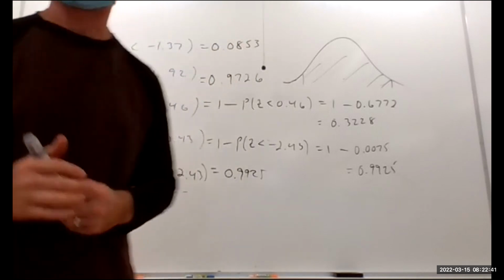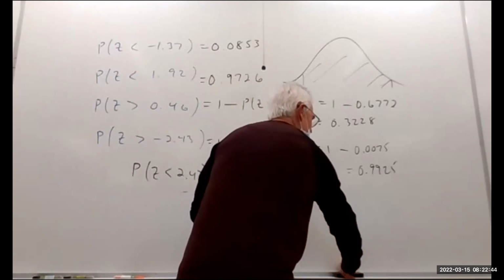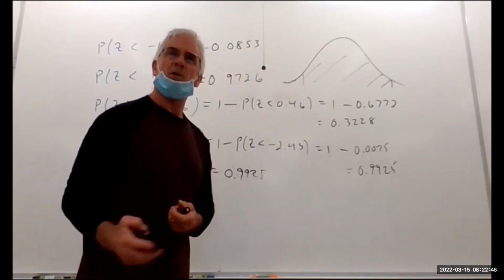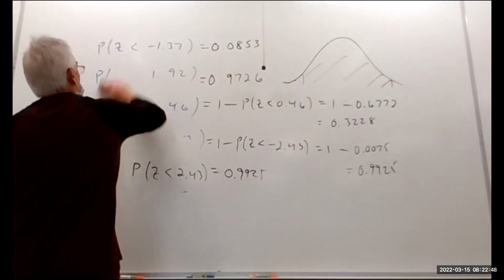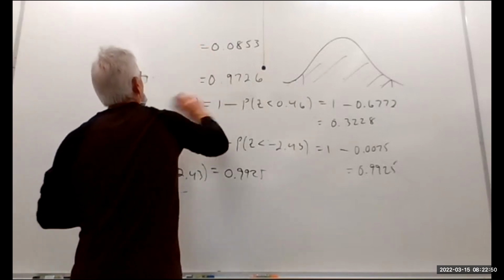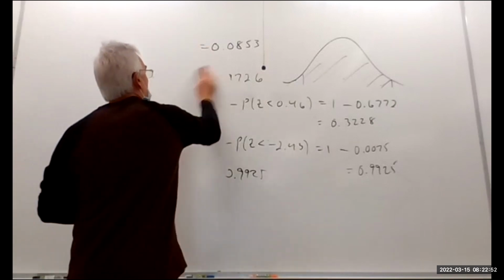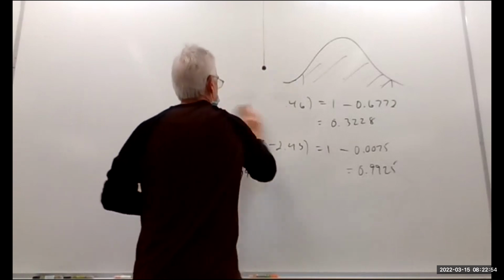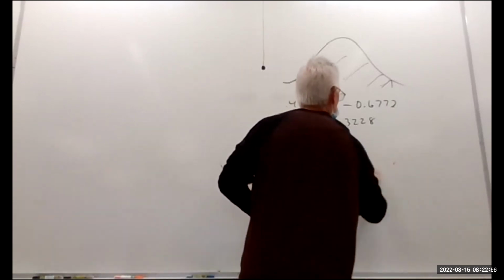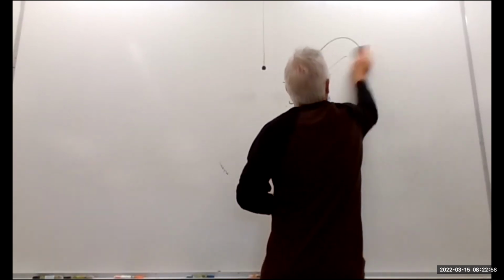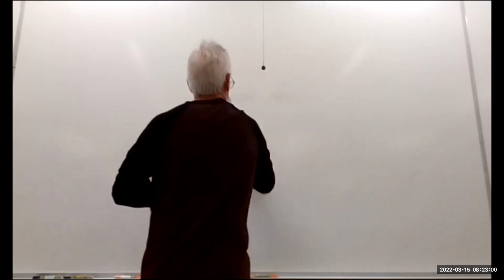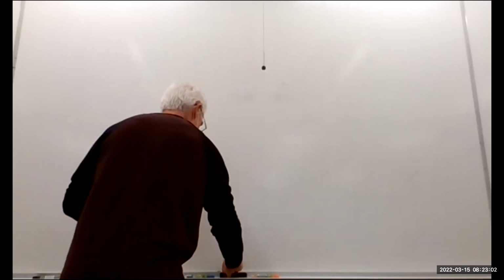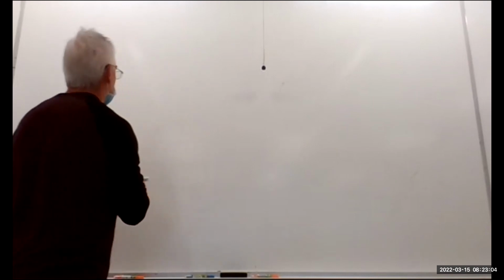We didn't look at that one yet. I don't want to say it's the trickiest one, but it's the one that requires the most. So I'm going to draw you a picture, and I'm going to give you some geometric analogies in a moment.